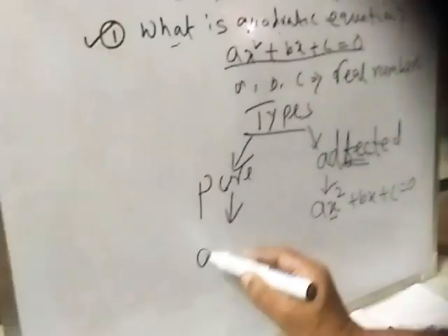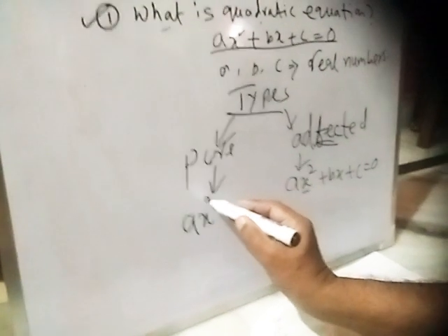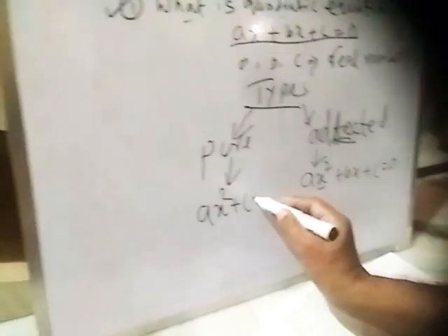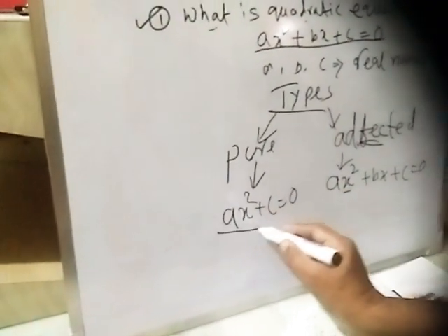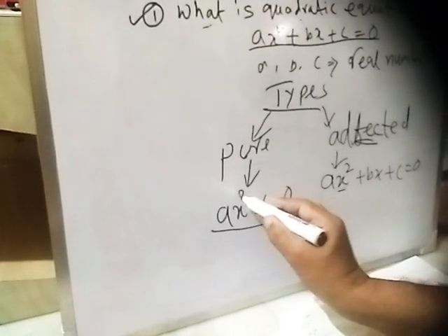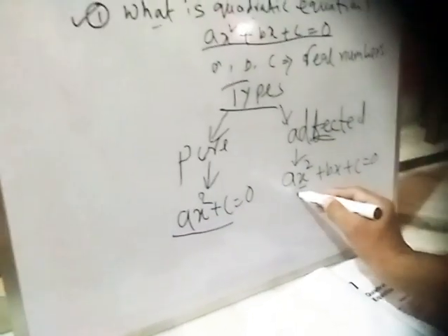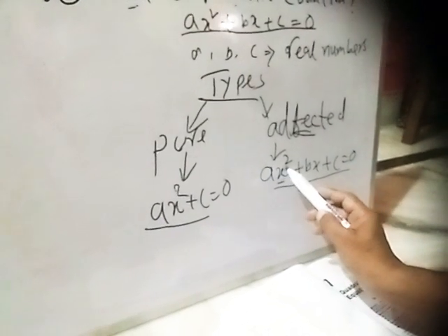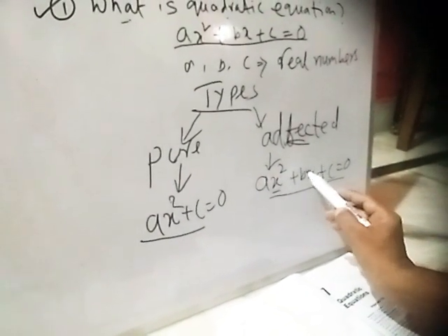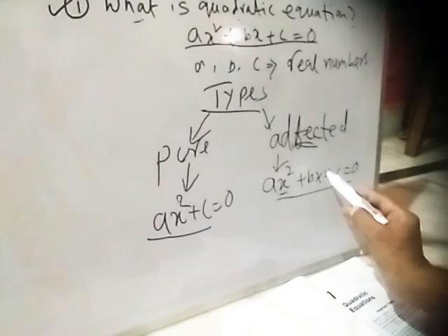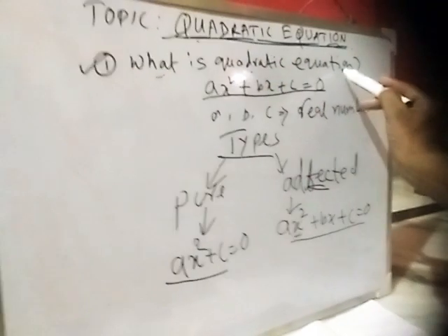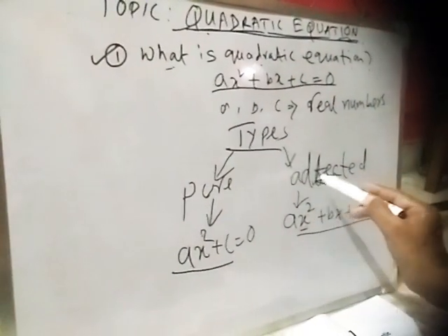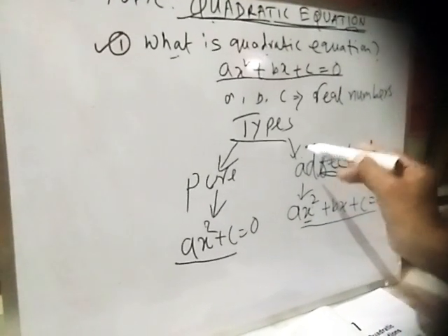And in a pure one, only the power of 2 is present. This is the difference. Pure means only power 2, and whenever it is affected, both power 2 and power 1 are present. So what is quadratic equation and what are the different types of it? Clear? Okay, well done.